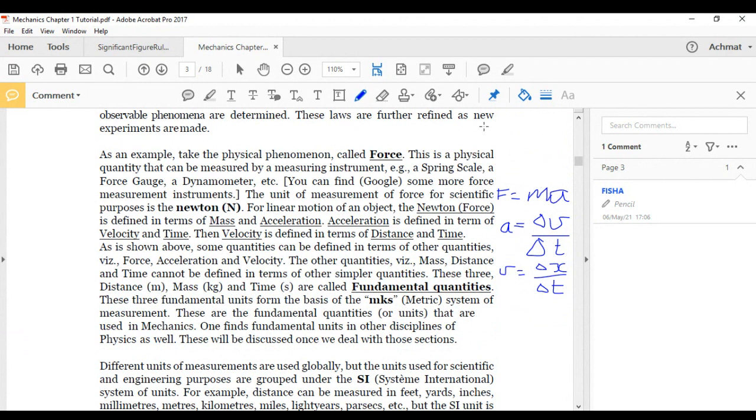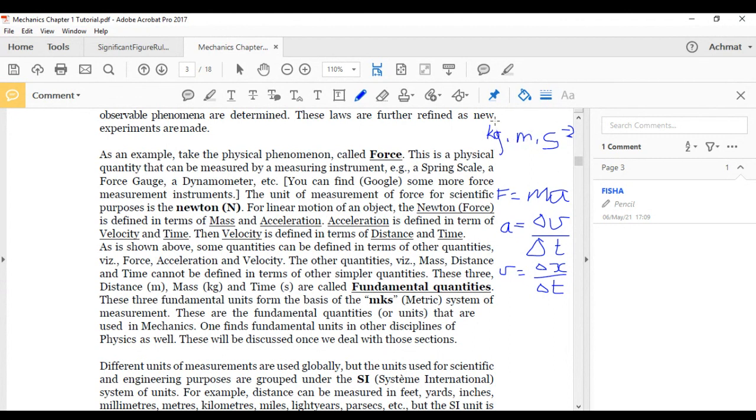So I can actually say there, watch this here, kilograms times meters per second, times second to the minus 2. That's per second squared. Can you see there?